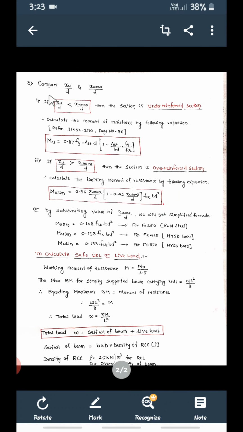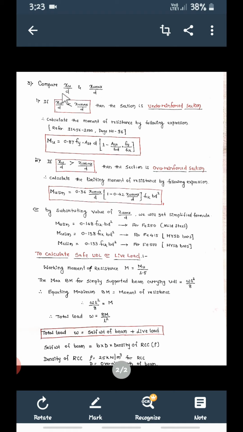Then the third step will be, right now we have two depths of neutral axis. One is the actual depth of neutral axis, that is Xu by D, and the second one is the limiting depth of neutral axis or maximum depth of neutral axis, that is Xu max upon D. Compare these two. Which is greater or which is less, we have to compare. So the first condition is what?